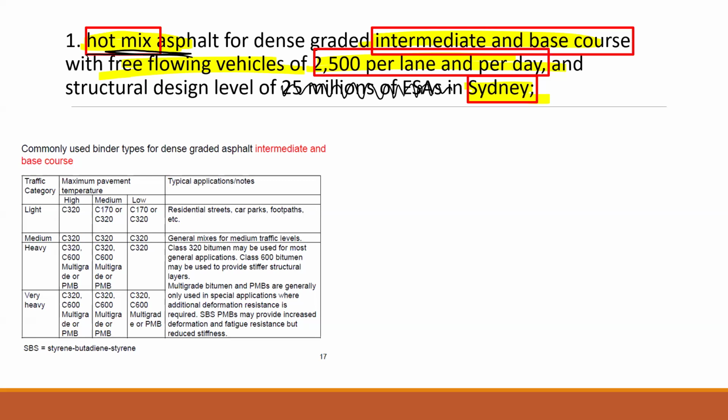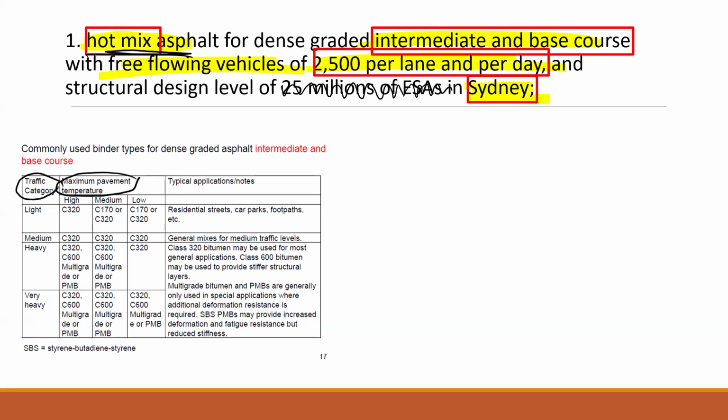Okay. In this one, how can we find out the binder type? Can you guys find me the binder type, please? You may get a question like this. So if we know the maximum temperature and the traffic category, you will be able to find the right binder type.